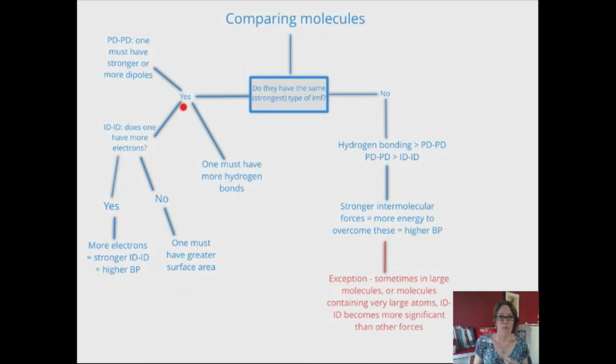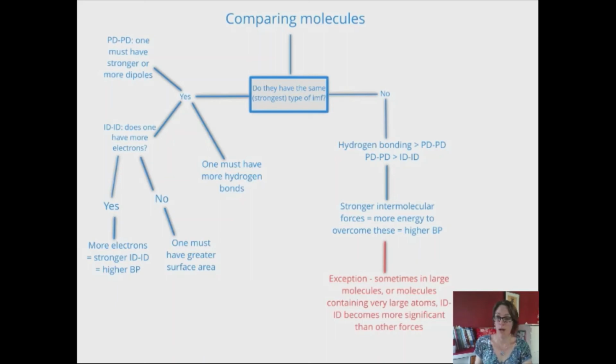Back at the start, what about if they have the same strongest intermolecular force? Well, if they both have permanent dipoles, maybe one of them has a stronger, more extreme dipole. That's quite rare. More common is that if they both have hydrogen bonds, that one of them has more hydrogen bonds than the other.